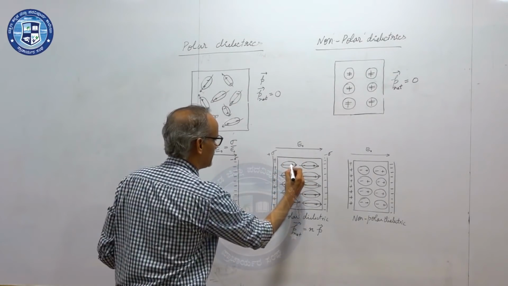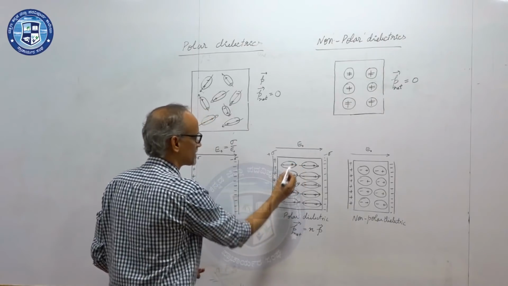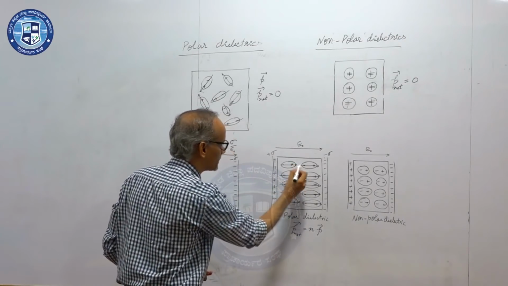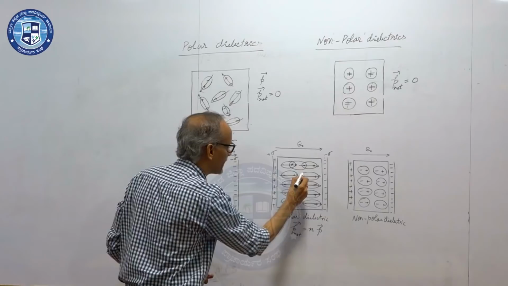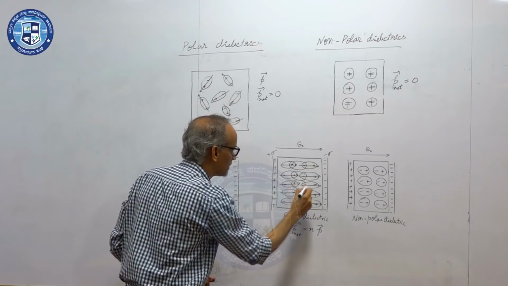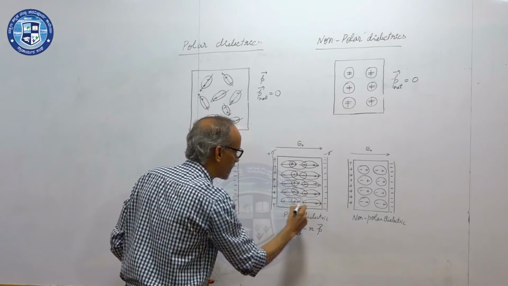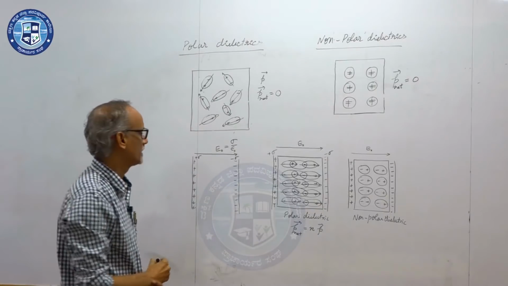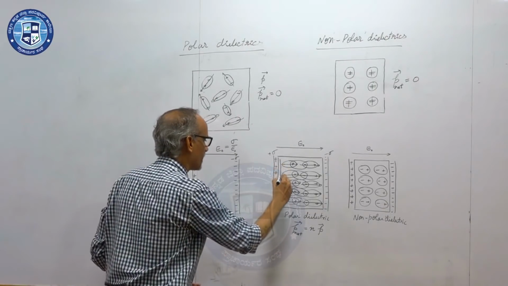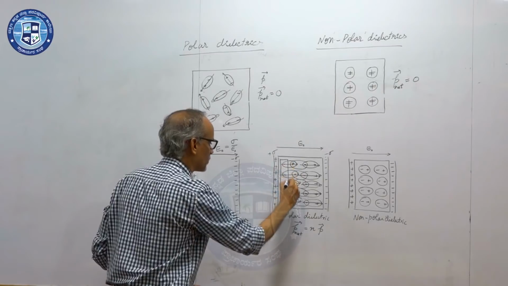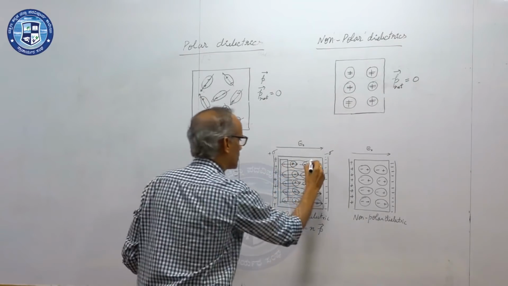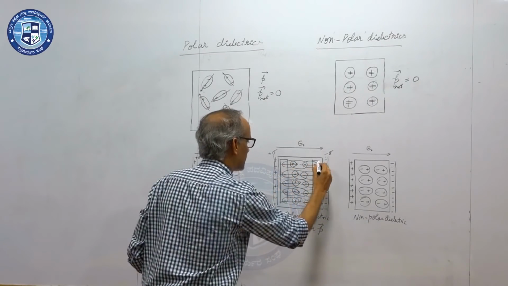Since the positive center of one molecule is very close to the negative center of the next, their effect gets neutralized, or is minimal, and that leaves only a set of negative charges at one end and a set of positive charges at the other end of the dielectric.